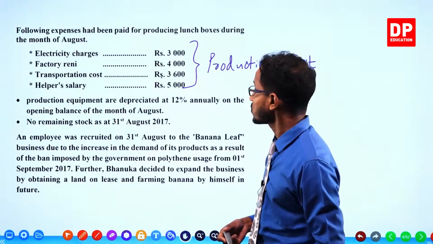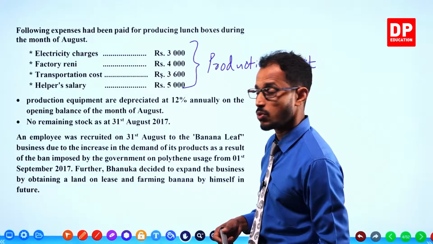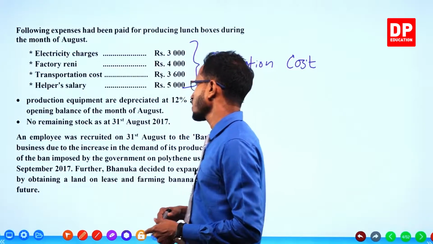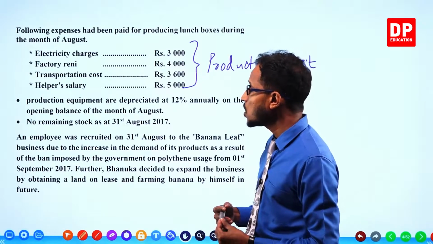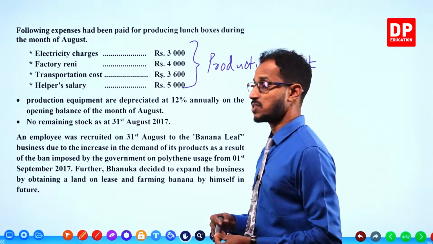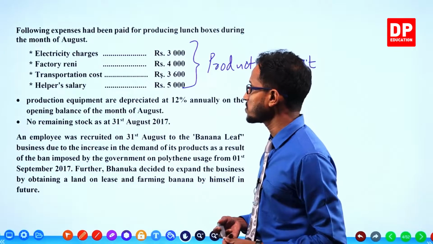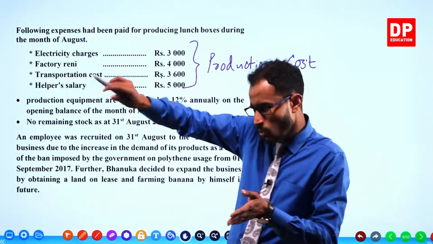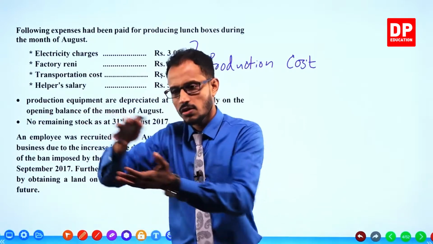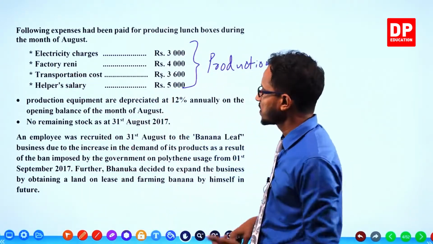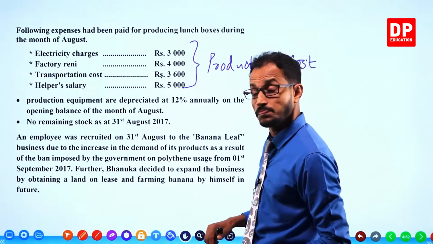Well, not really planning or organizing. They say no remaining stock. Closing stock. There is no closing stock for Bhanuka's business. He has sold all the goods. All his stock gone. No remaining stock.